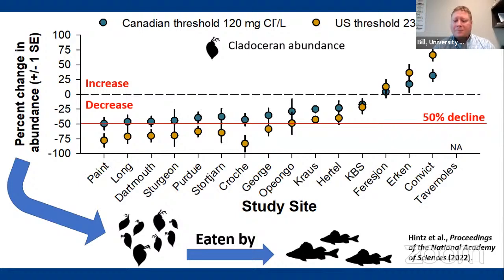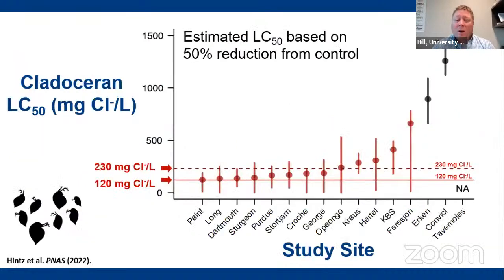Okay, we can look at this a little differently. We can ask the question, at what point does 50% of the cladoceran abundance decline relative to our no-salt control concentration? Again, the red dashed line is the US threshold, the solid line is the Canadian threshold, and the dot is the average response, with the 95% confidence interval.